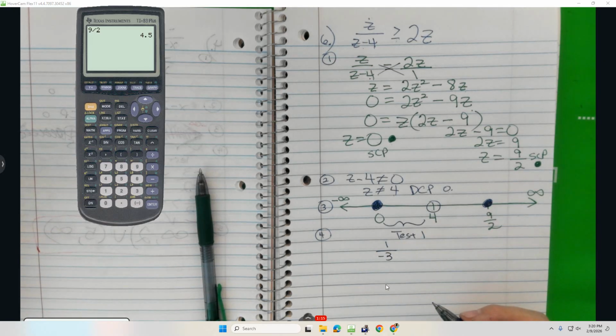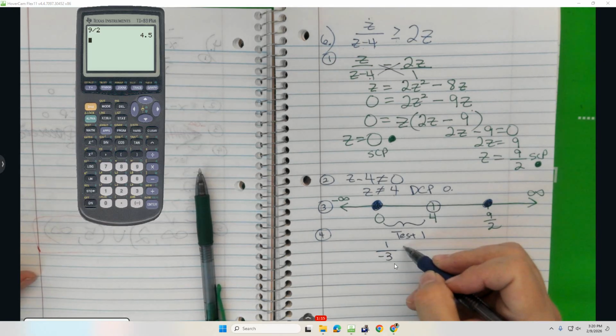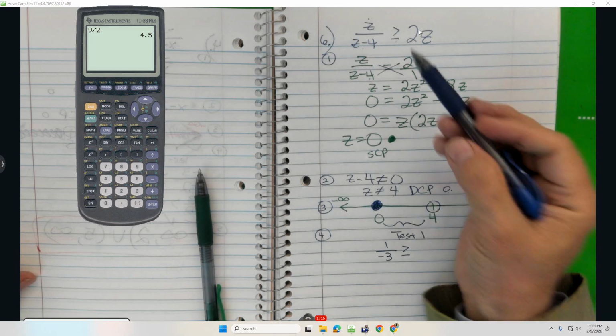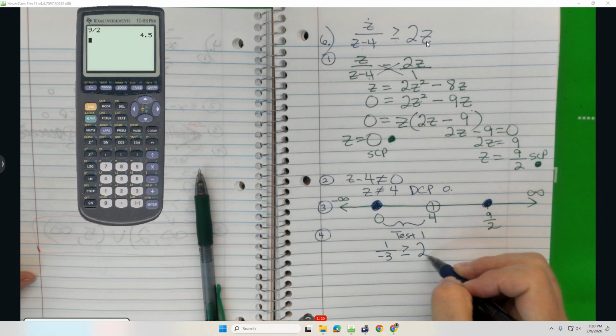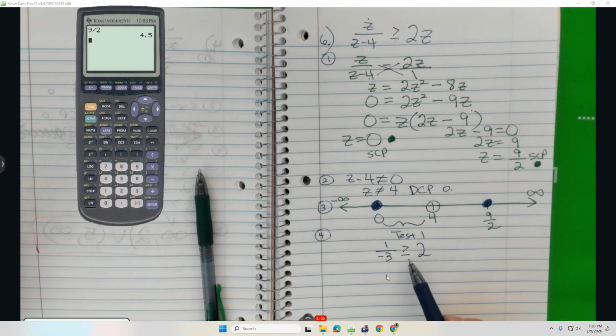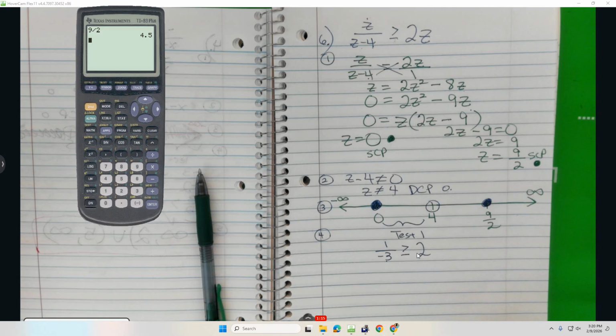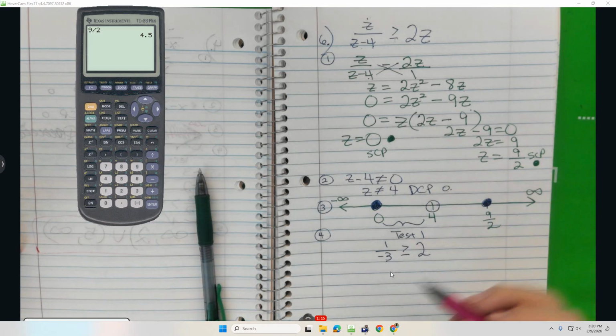So we have 1 over negative 3 is bigger than 2 times 1, which is 2. Negative 1/3 is bigger than 2. False. Negatives are never bigger than positives.